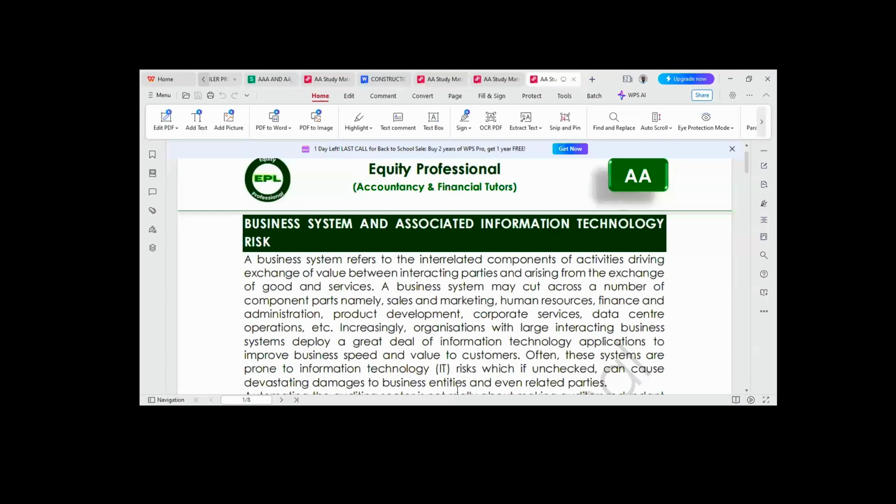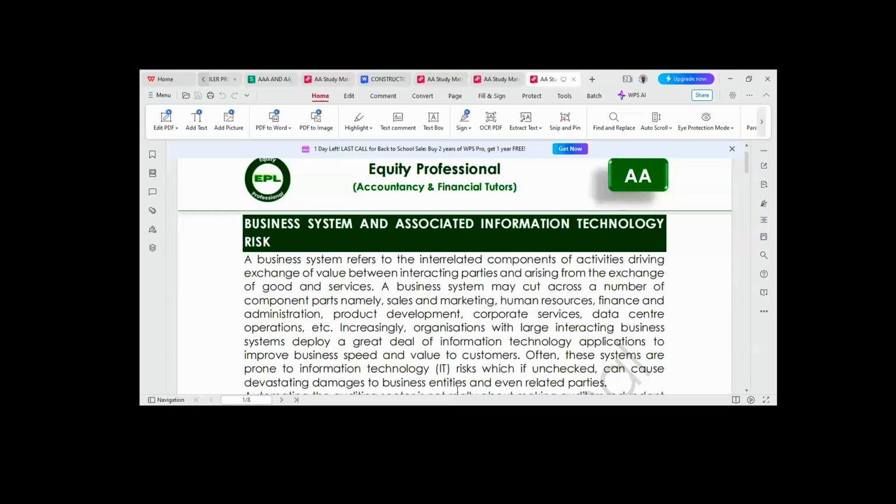You have the sales and marketing. Okay? All of these, they are working together to do what? To drive exchange of value. Okay? Between interacting parties that's going to patronize your products and arising from the exchange of goods and services. So the business system is what? Is very, very clear.